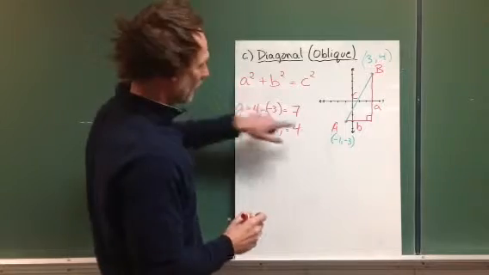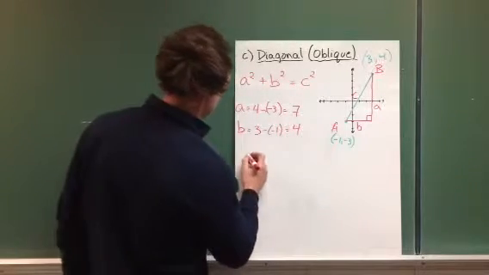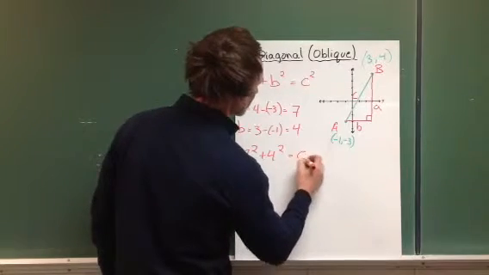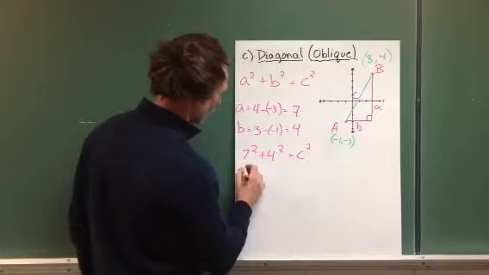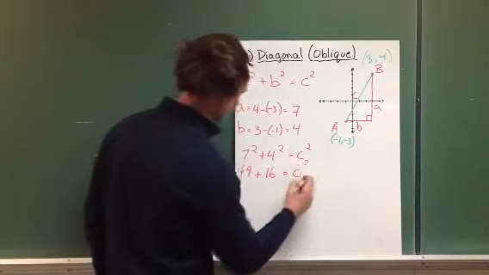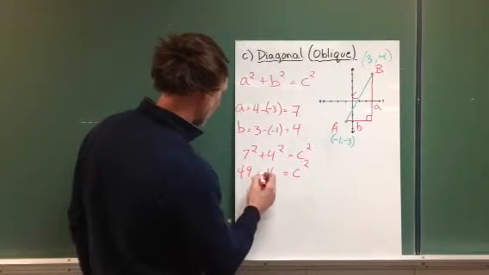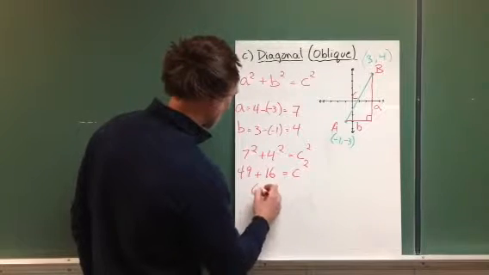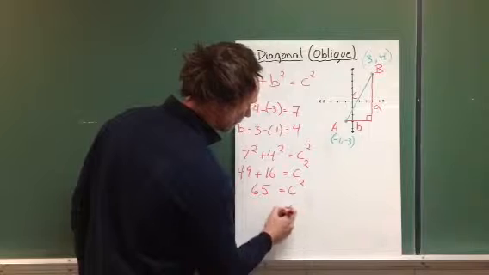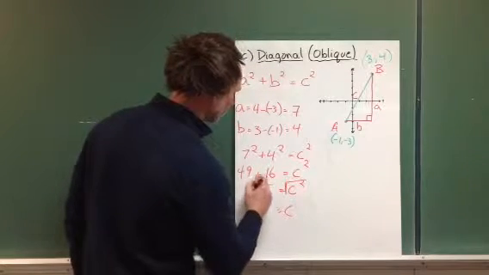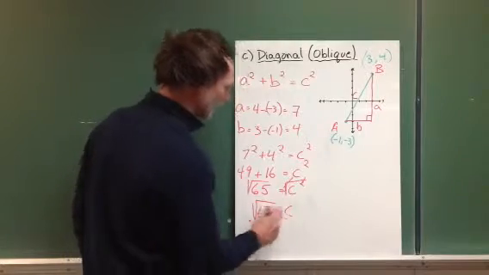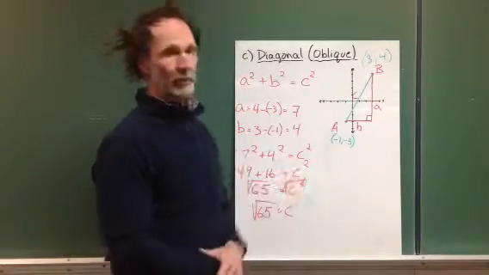Okay, so now if I put these numbers back into this formula, I have 7 squared plus 4 squared equals c squared. 49 plus 16 equals c squared. 65 equals c squared. So c is the root of 65, which is the exact distance from A to B.